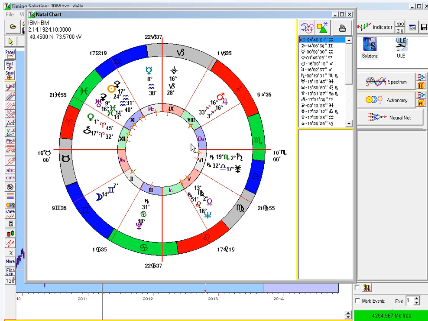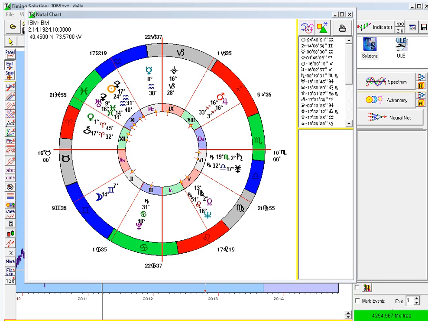What else do we notice about the chart? Well, I have 16 degree Jupiter, Saturn. It's a perfect conjunction, so that has to be significant. Now, let's take a look at the planetary geometry just to see if anything stands out.